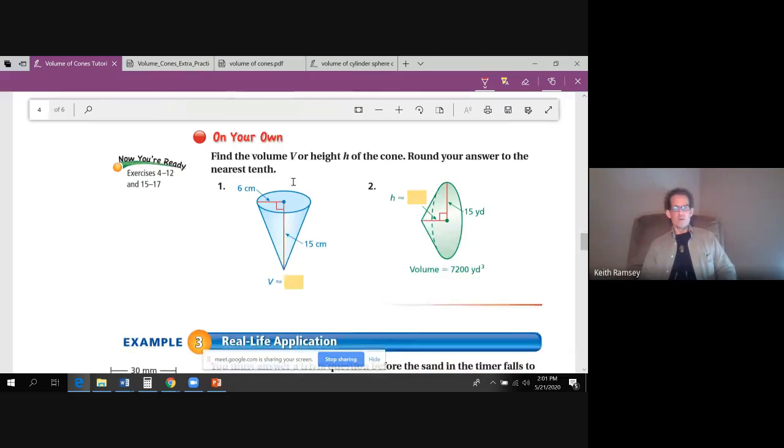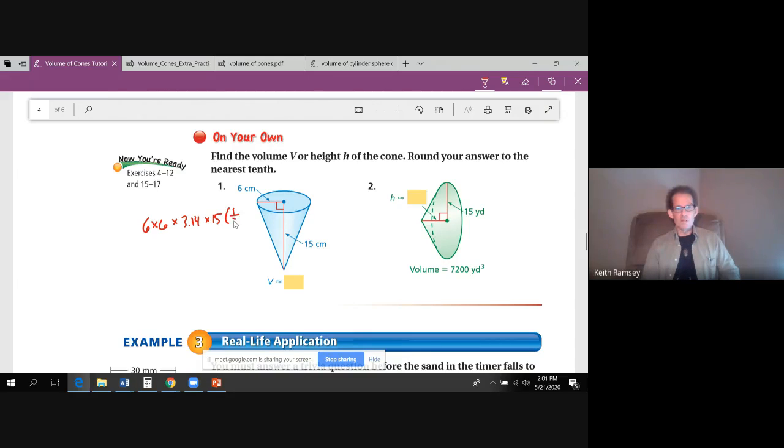Okay, so here's my radius is 6 for number 1. So I would have 6 times 6, that's 6 squared, which is 36, times pi, times the height. Here's the height is 15, times 1/3, because a cone is 1/3 the volume of a cylinder.